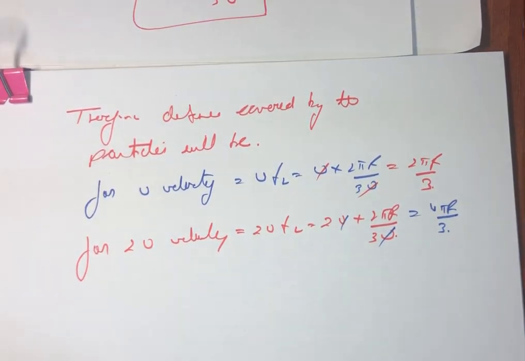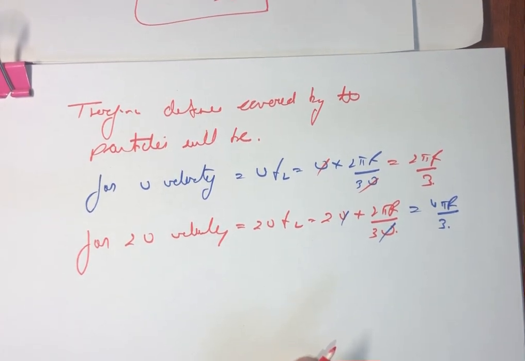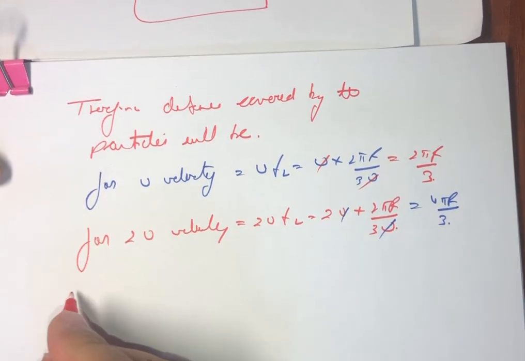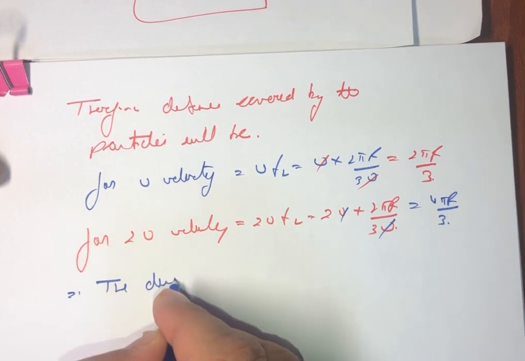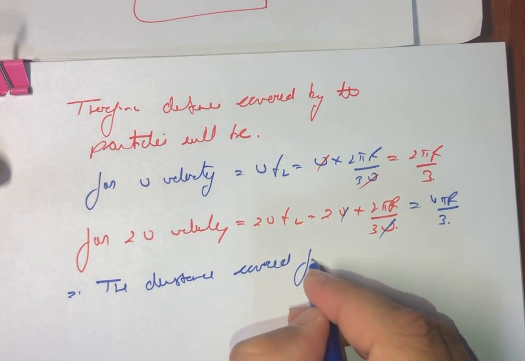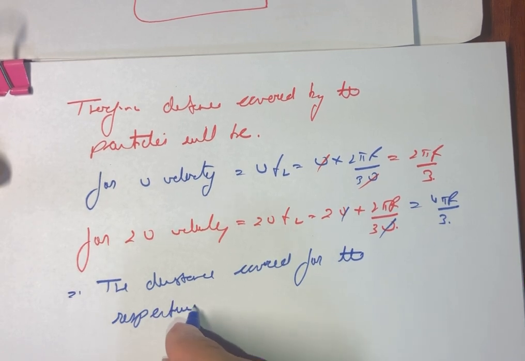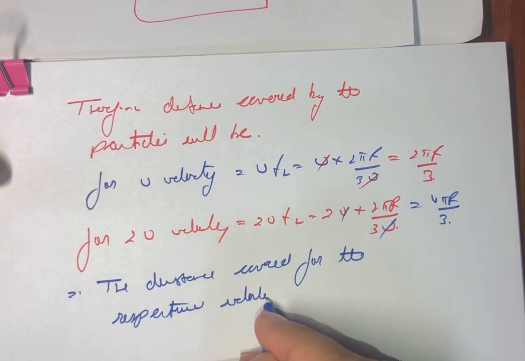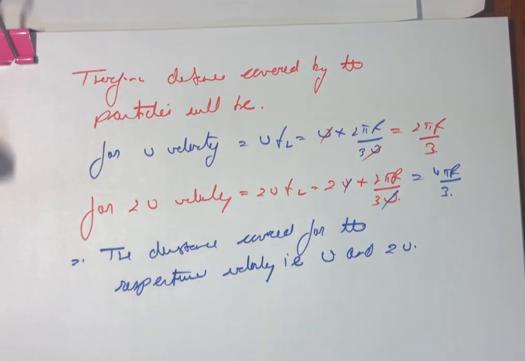From here we can say that the distances covered for the respective velocities v and 2v are 2 pi by 3 and 4 pi by 3, the same as before.